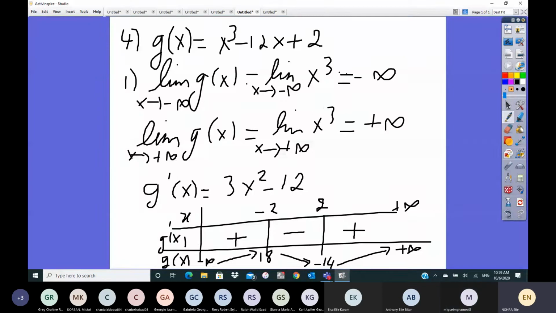Guys, when you are asked to set up the table of variations, when you read the word table of variations, that means you have to find the limits even if I don't ask you to. Okay, sir.